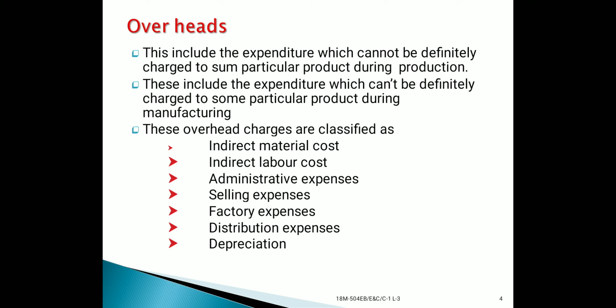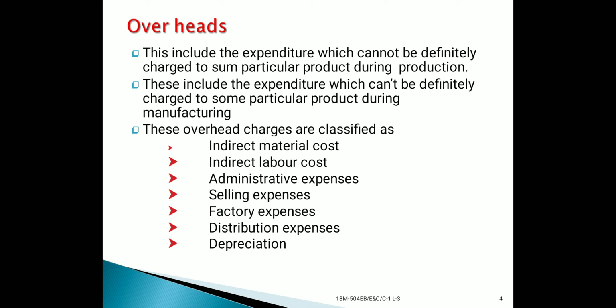Those overhead charges are classified as indirect material cost. Indirect material cost means cost which is not charged to the material. For example, cotton cloths to remove the dirt and clean the machineries, and oils, some lubricants, to avoid friction in the machine and reduce the heat generation.